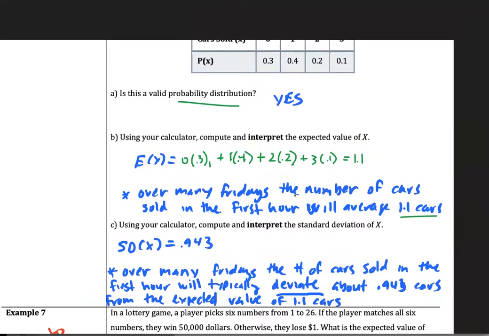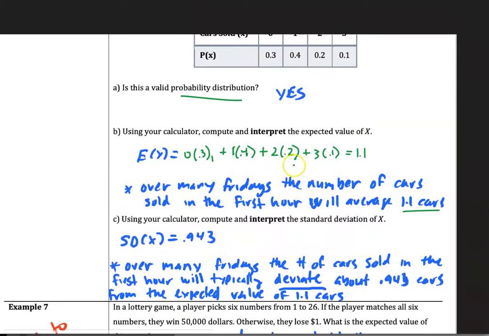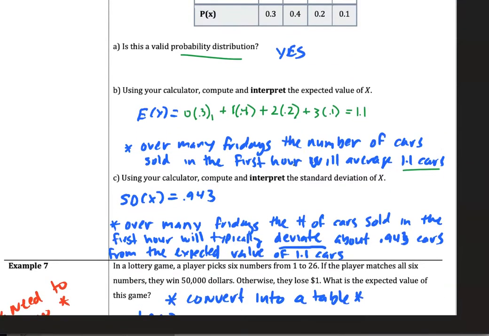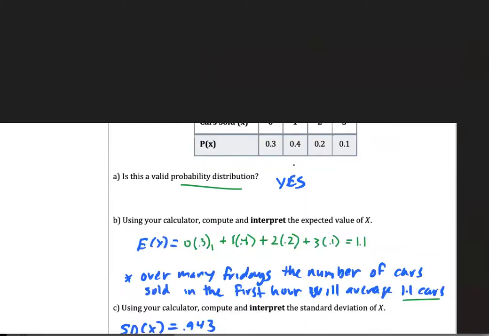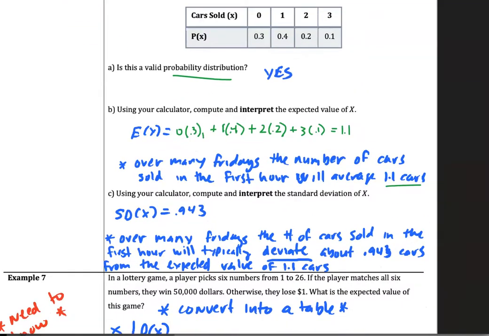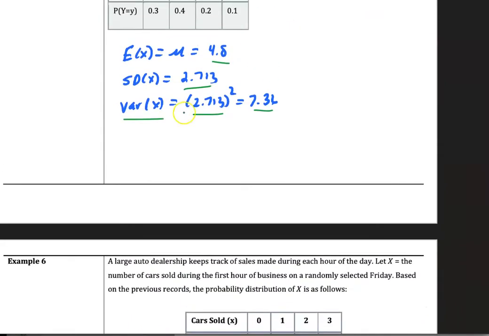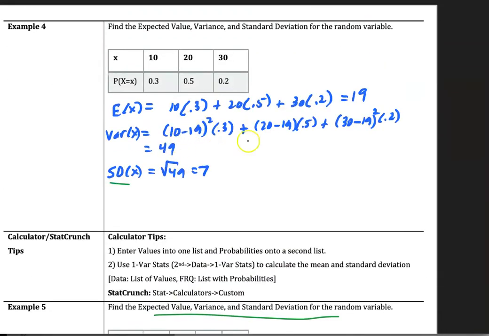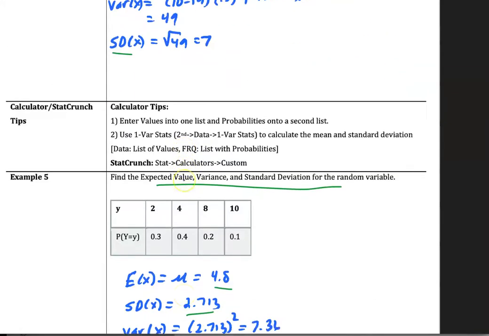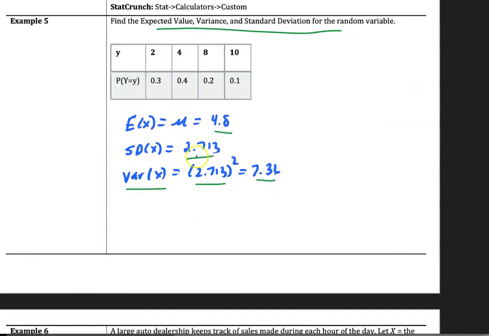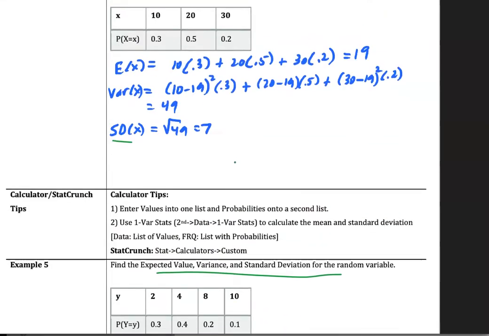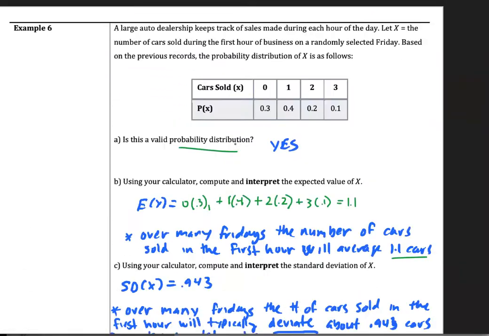If you're going to calculate the standard deviation, you would have to do that by hand, similar to what we had to do here by doing that calculation. Once you got the variance, you would take the square root of that.